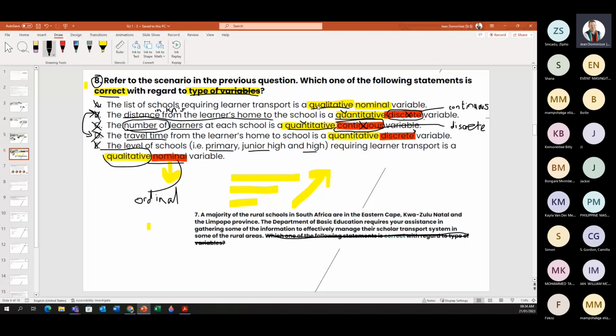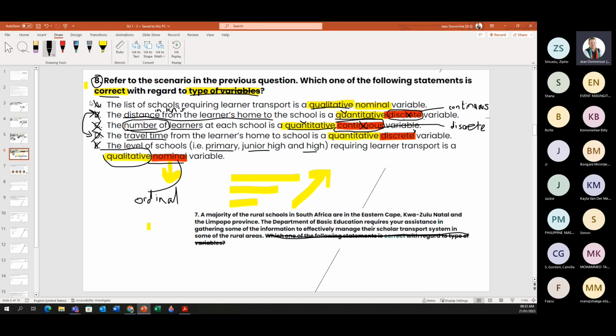There's no order, just a list of names, so it is nominal. Okay. So you can see this is quite a difficult question, as it takes into account your study unit one, both the measurement and types of variables.